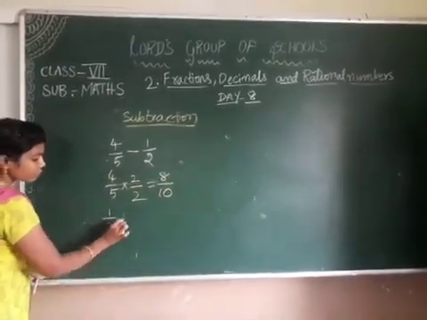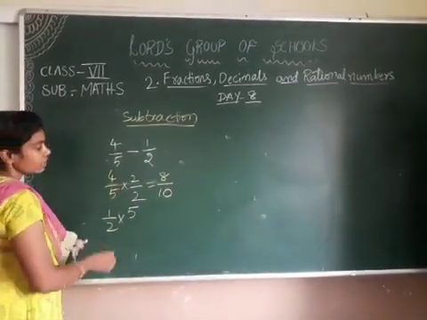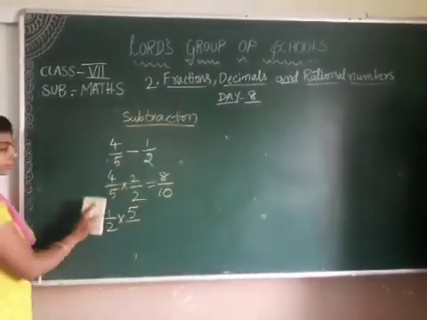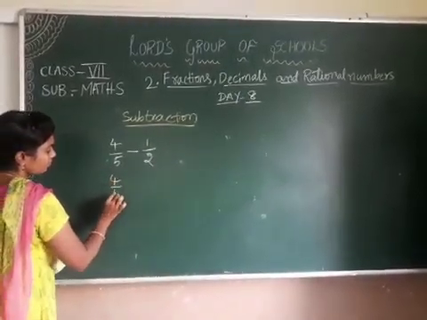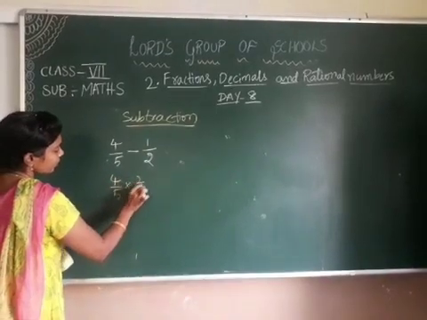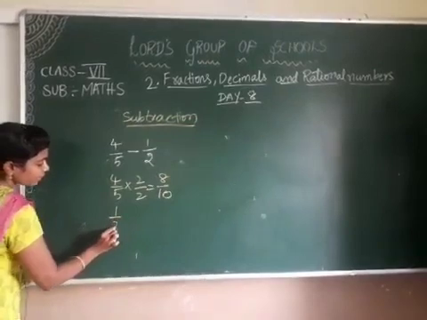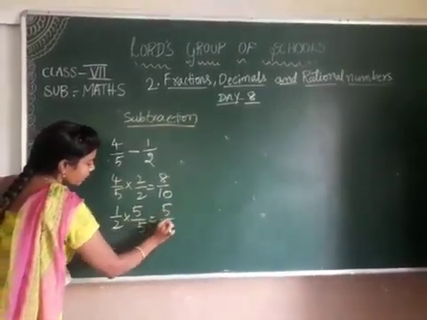Next 1 by 2 into 5 by 5, the denominator of the first fraction. So 4 by 5 into 2 by 2 is 8 by 10, and 1 by 2 into 5 by 5 is 5 by 10.